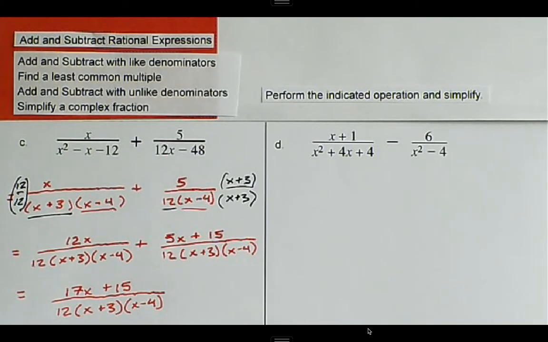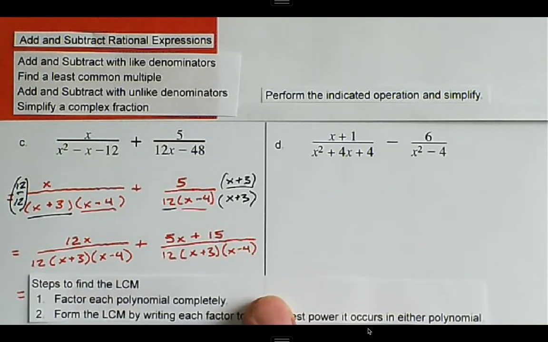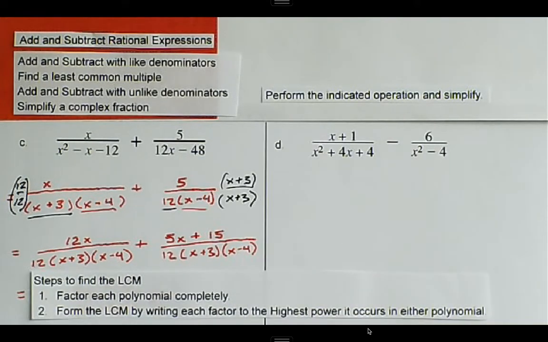Then we take a look at example D. In here, again, we have two rational expressions that we want to add together with different denominators. And so what we want to do is see what we're missing and what we have to add in order to add these two together. So again, the first step that we need to do is factor each polynomial completely.